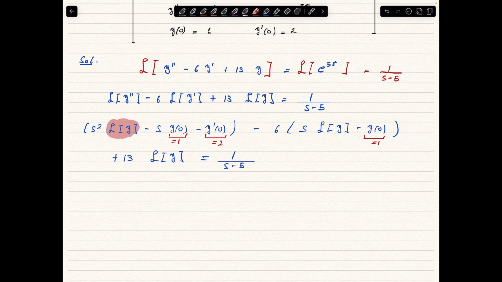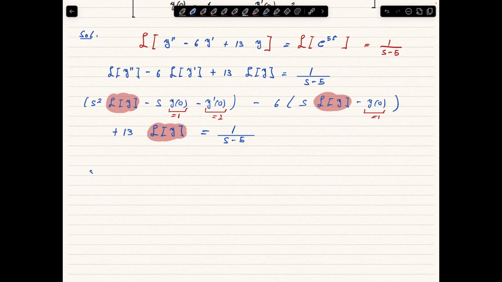Whatever multiplies the Laplace transform of y, which is the terms that contain this factor, is going to be s squared minus 6s plus 13. Again, this is the characteristic polynomial of the linear operator evaluated at s. And all that is multiplied by the Laplace transform of y.